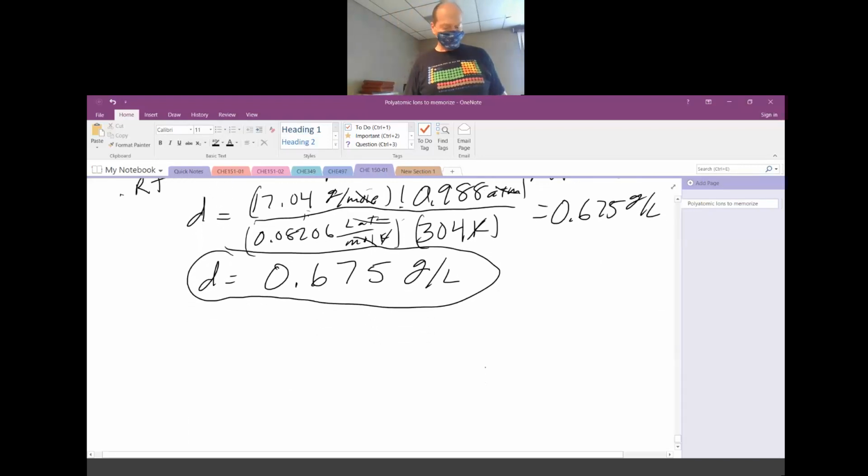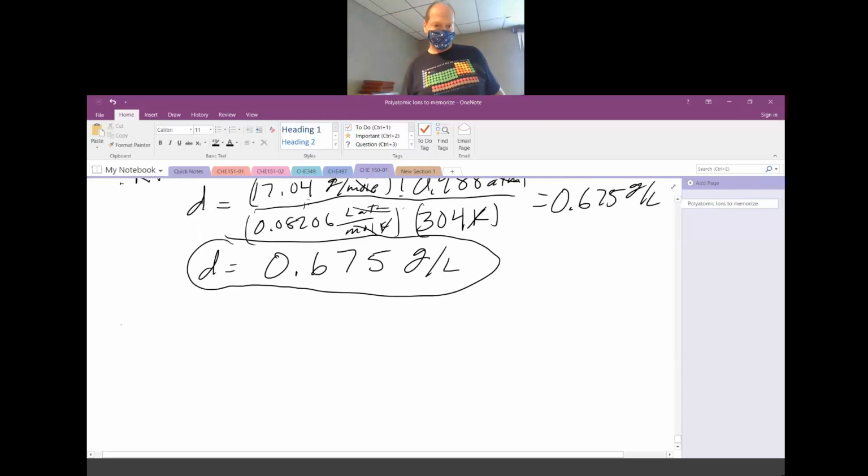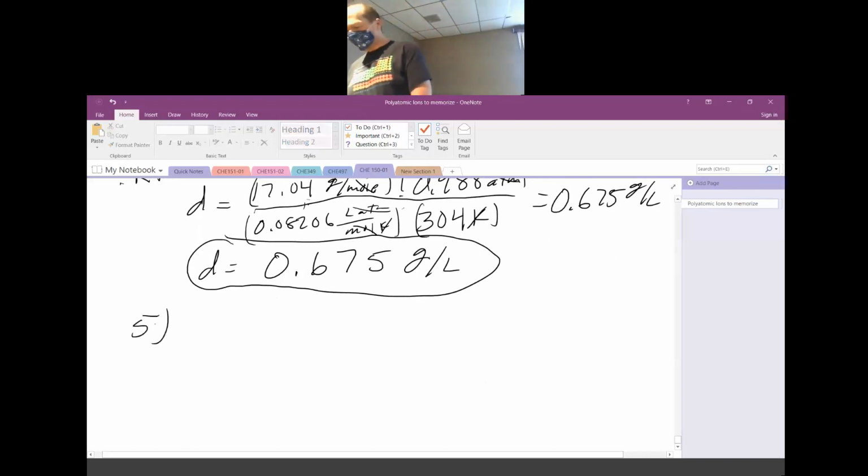All right. Number 5. Vaporize the liquid at 100 degrees Celsius and 755 torr. The volume of 0.548 grams of vapors is 237 milliliters. Calculate the molar mass.